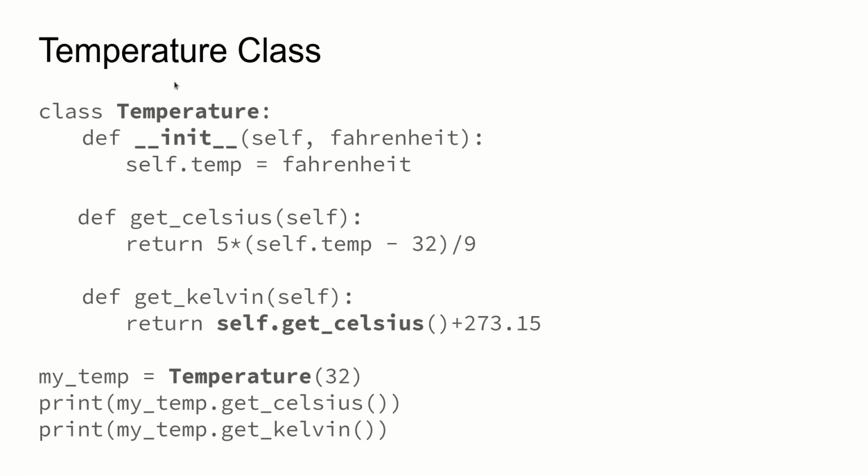We can see how that's used down here, because remember the initializer gets called by using the class name. We don't have to type that underscore init to get it to call. We can use the class name, and that makes it clear I'm making a new temperature object. What will that temperature's value be? It will be 32. And we just used the variable name here, Fahrenheit, as 32.